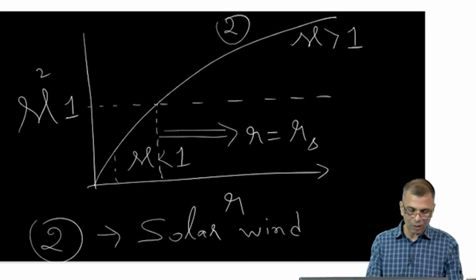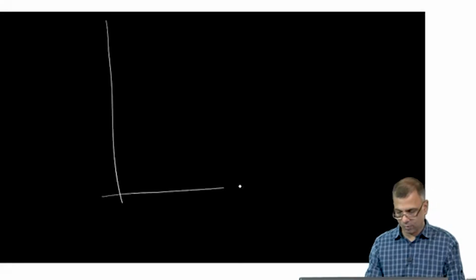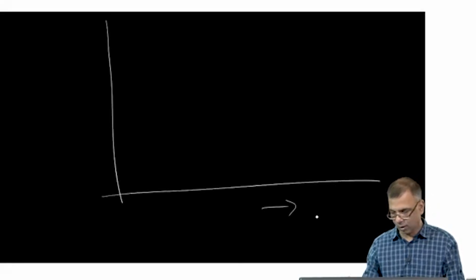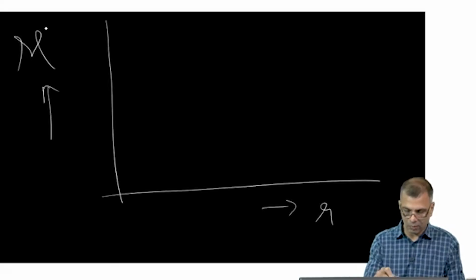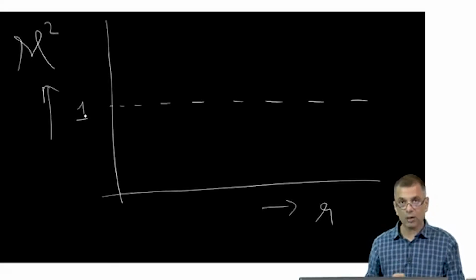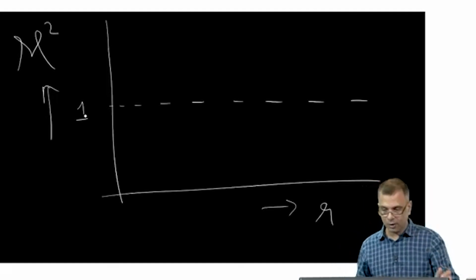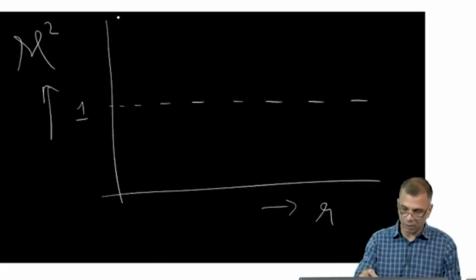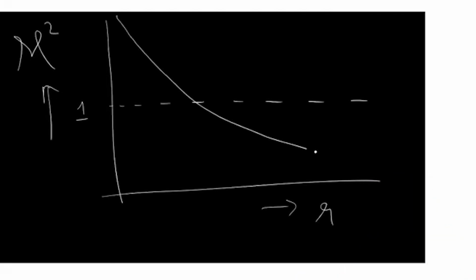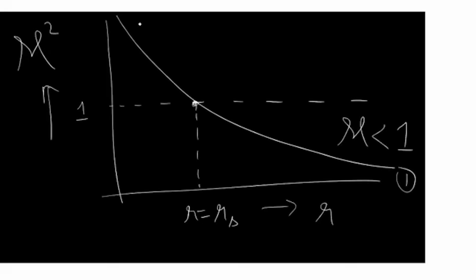Solutions of the kind 1 would look like this, with 1 here, and I would have something that looks like this. These would be solutions of the kind 1, and this would be the sonic point. Here the Mach number is less than 1, and here the Mach number is greater than 1, clearly.